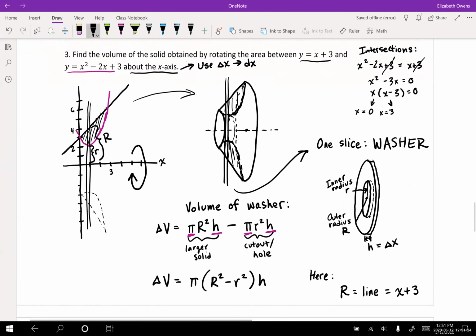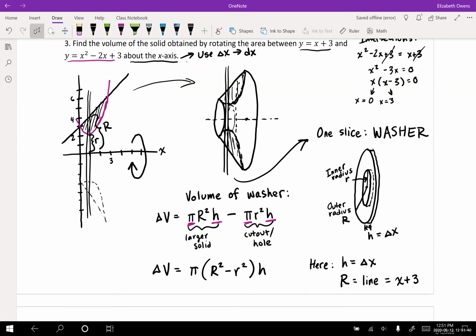Here our h is delta x. I was just confirming that Brandon's got the right equation there. We do want everything in terms of x here, so we don't need to solve this equation to make it something weird like y minus 3. And that's good.